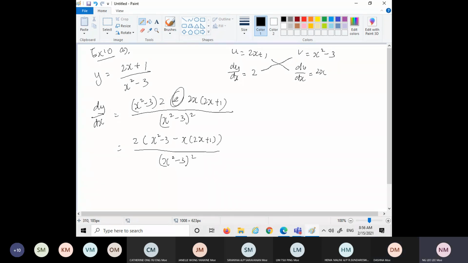If this is times, then okay, like just now. Then only you can cut. But here you don't have another x squared minus 3. If you factor it out, then same as just now, only then can you cut. Okay? So now I'm going to expand this and then group the like terms.